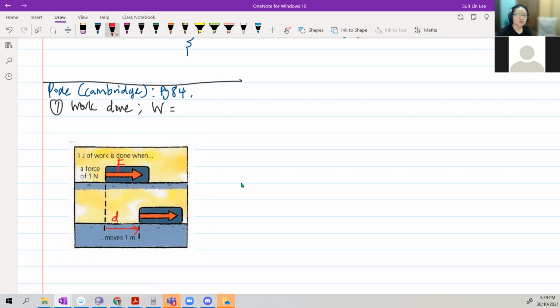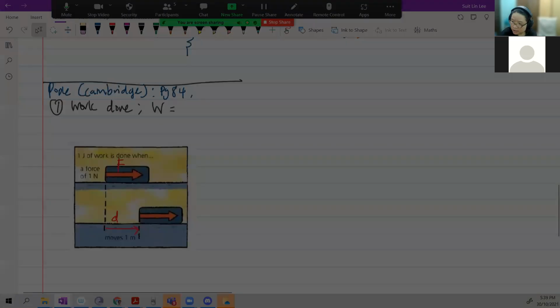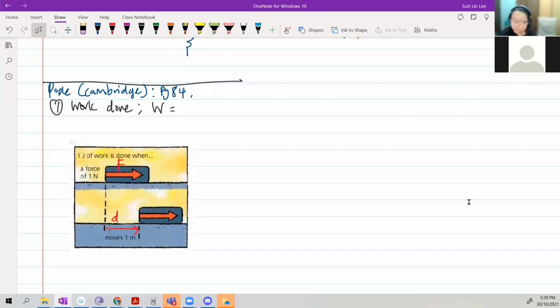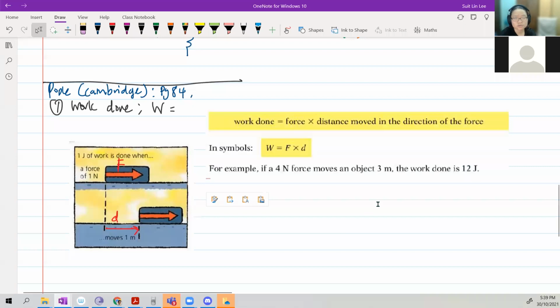So in short, work done can be calculated by the equation force times distance moved in the direction of the force. You have to make sure the F and D are parallel.